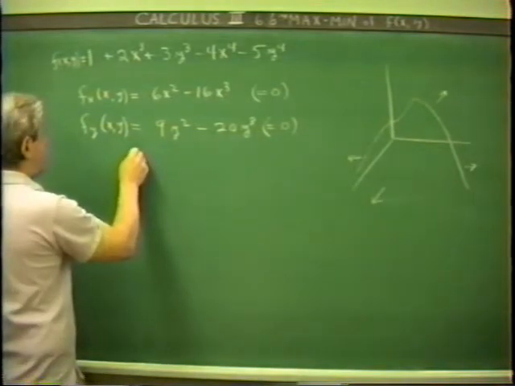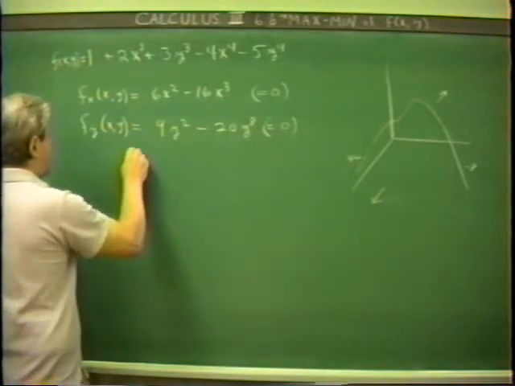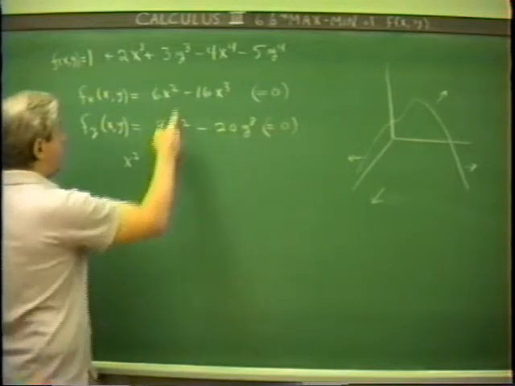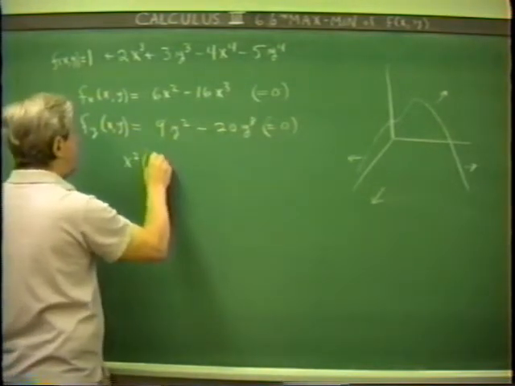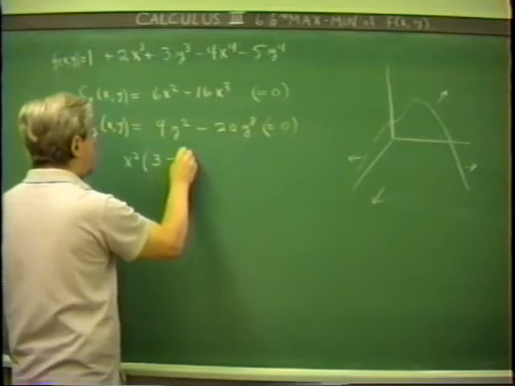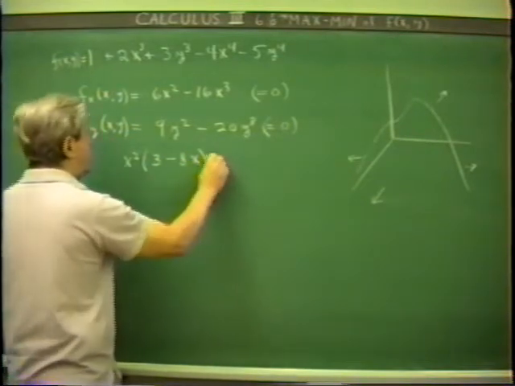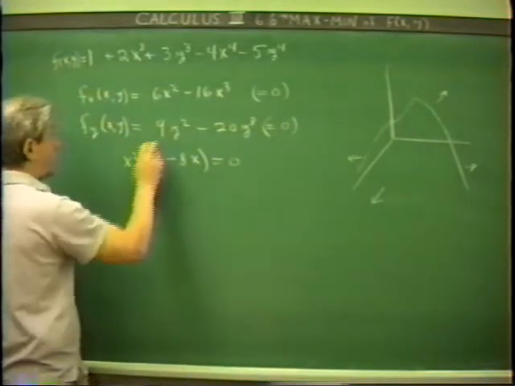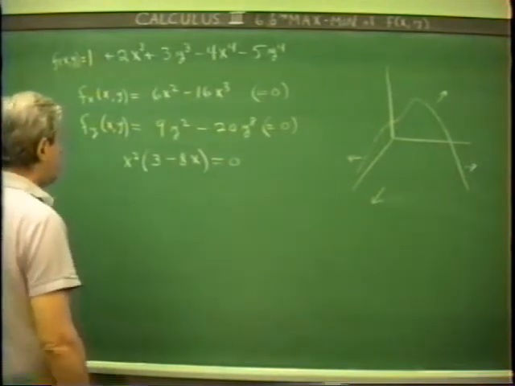Well, the partial with respect to x is going to be equal to 0 when we factor 2x squared out of here. We'll have 3 minus 8x times 2x squared is equal to 0.